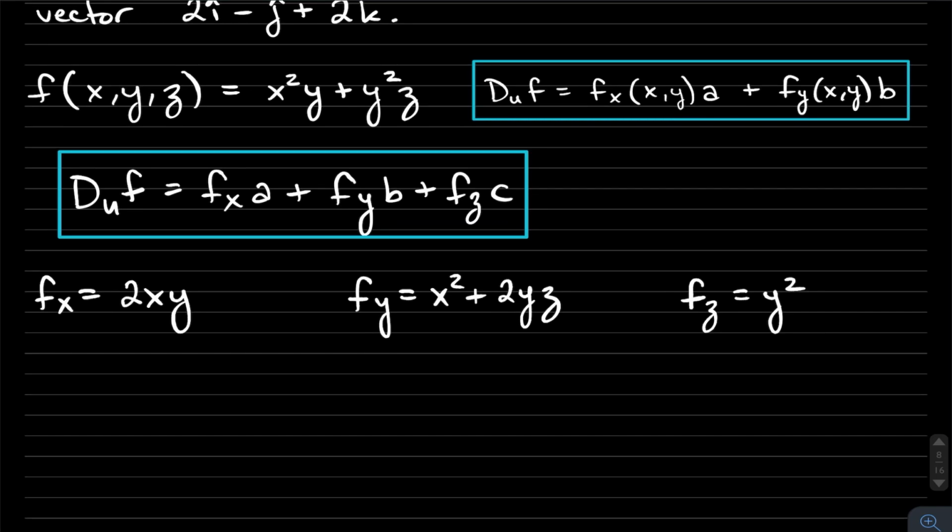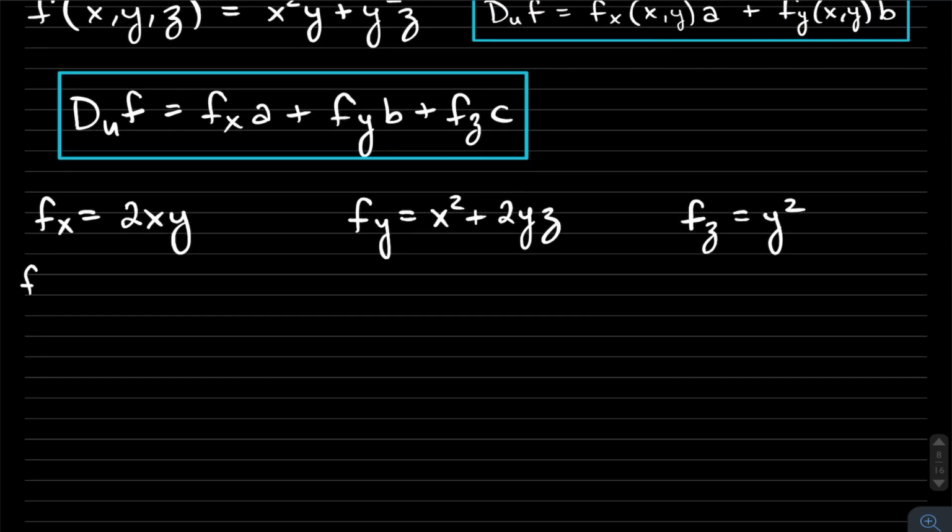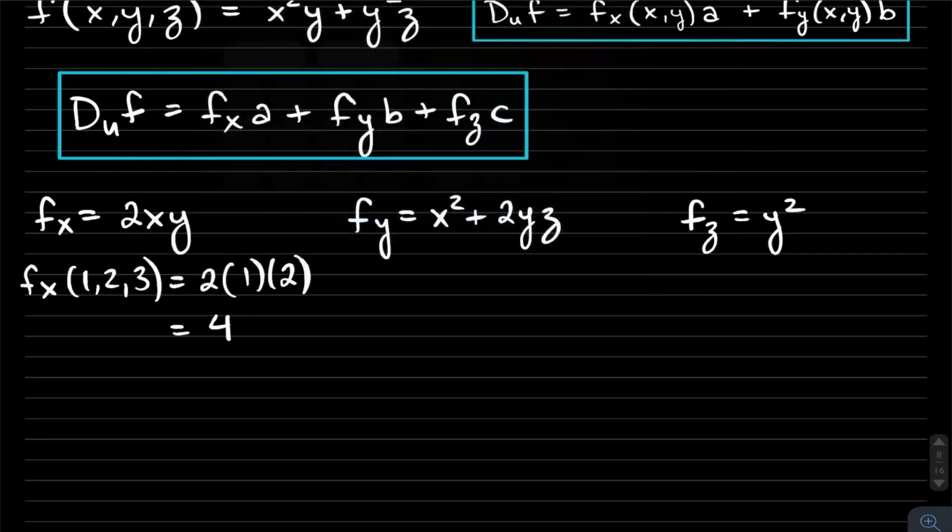Okay? So now we just evaluate at the point. The point is 1, 2, 3. So f sub x at 1, 2, 3 will be 2 times 1 times 2, and that is equal to 4. I'll underline at the end so I don't have to keep switching colors.